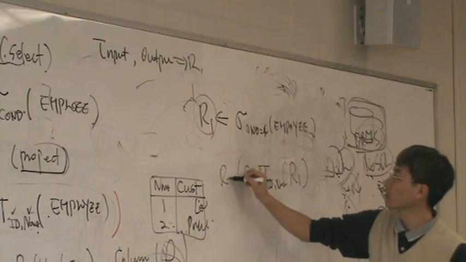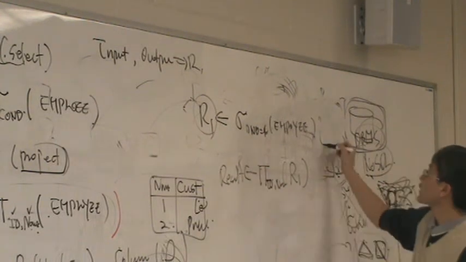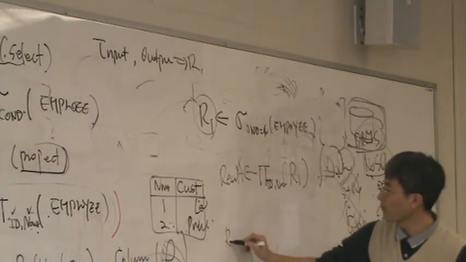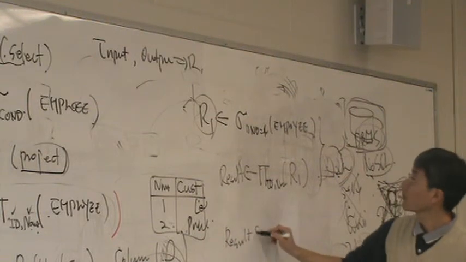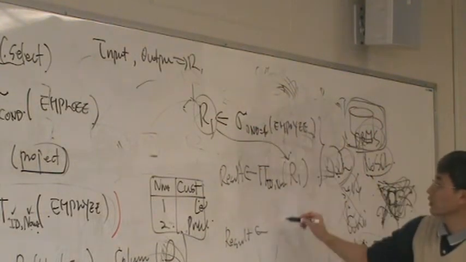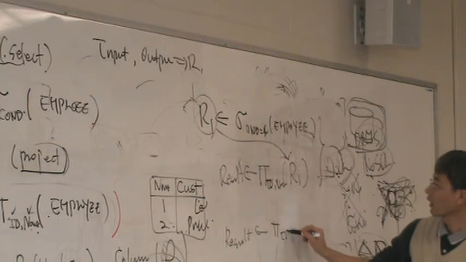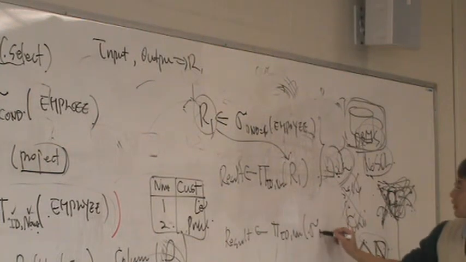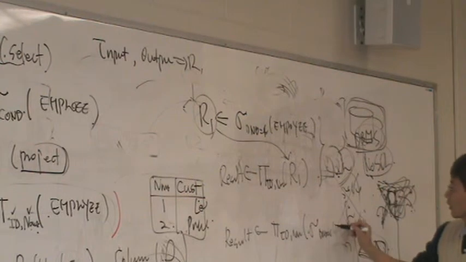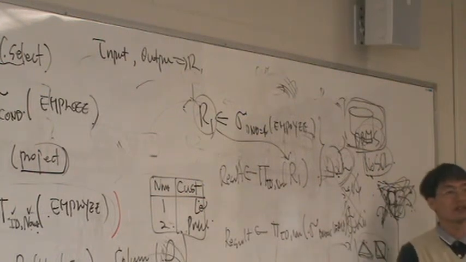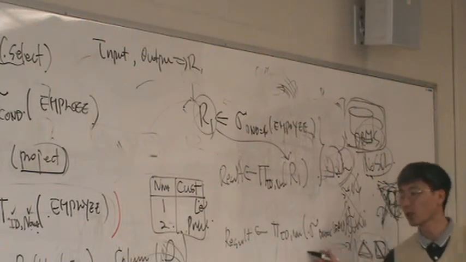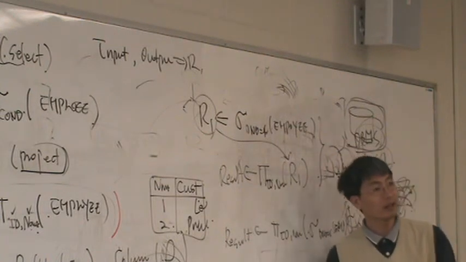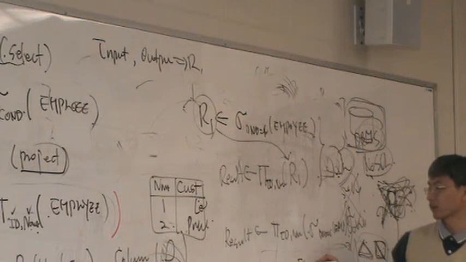This is the result. So instead of this one, we can combine. Plug in R1 to here: projection of ID, name, of sigma DNO equal to 4, employee. Like this one. This is called a relational expression.